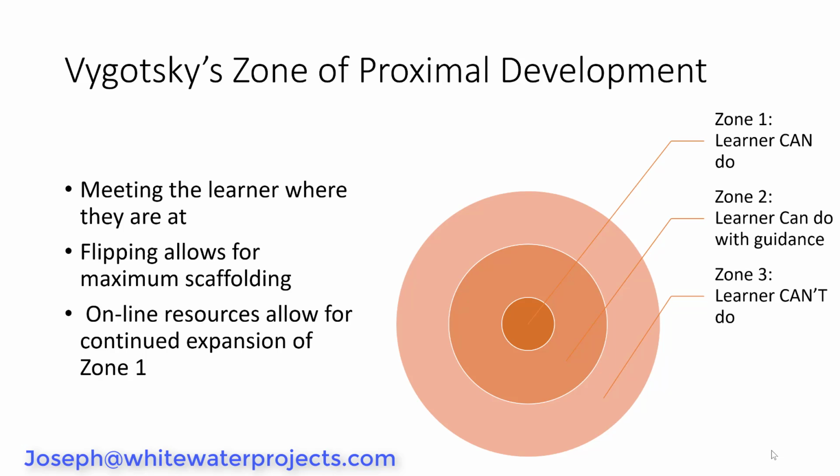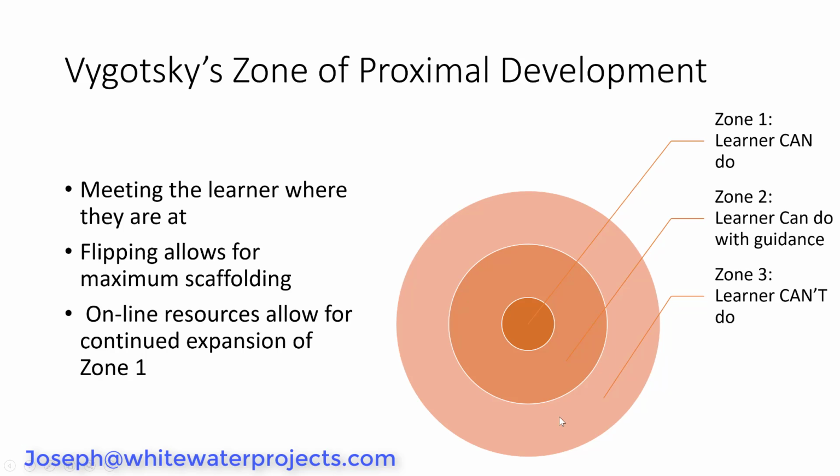You'll be okay. Zone 3 is things that the learner can't do right now. It's not the things that the learner has no ability or possibility of doing. It's just that they're beyond their zone of proximal development. See the proximity here between Zone 1 and Zone 2? That's the proximal development. You can develop into Zone 2. You can't develop into Zone 3.